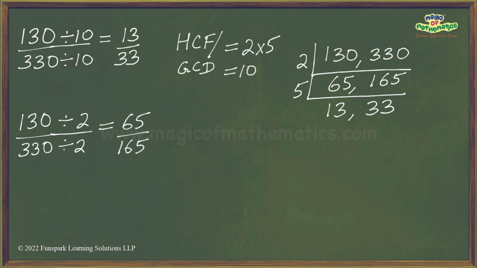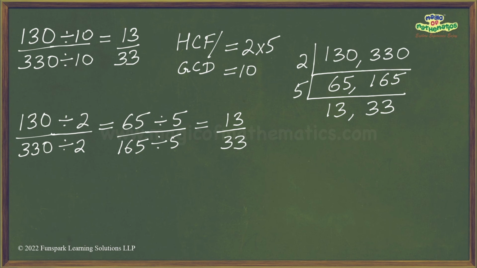Dividing the numerator and denominator by 5, we get 13 over 33. There are no more common factors and hence we stop. It is easy to see that we are doing the exact same thing that we did when we found the HCF or GCD formally and used that to reduce the fraction to its lowest terms.